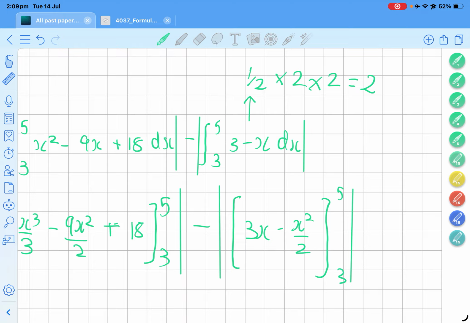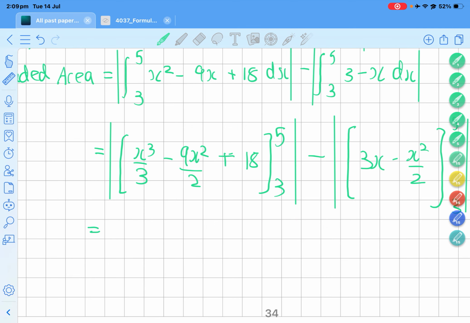So now 5 cubed is 125. So 125 over 3 minus, then 5 squared is 25, 25 times 10 is 250, 250 minus 225 over 2 plus 18 into 5 is 90, minus 3 cubed, so that will be 9, and 3 squared is 9, 9 times 9 is 81, so minus 81 over 2.